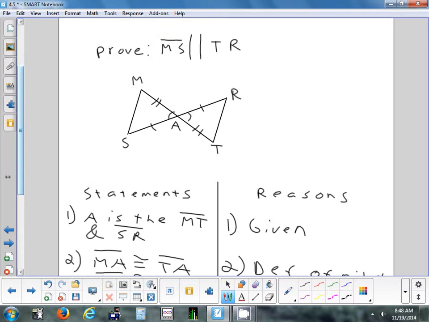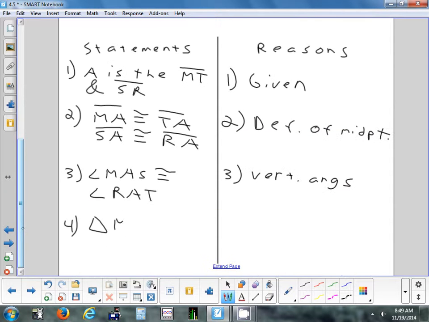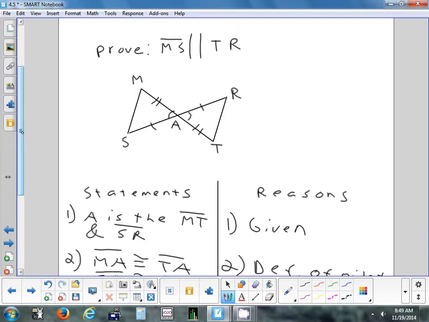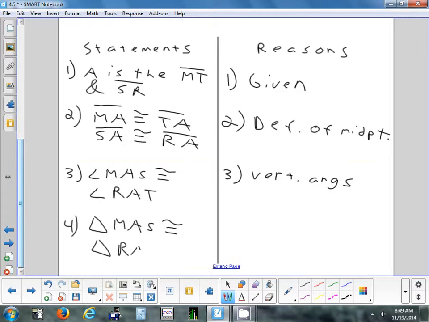Okay, let's start with the triangle on the left. You can use any order you want here. Doesn't matter. Yep. Angle MAS. Okay, so now he said MAS. Now we got to match that up. Step 3. Yep. RAT. All right, let me write it down and then let's check it.